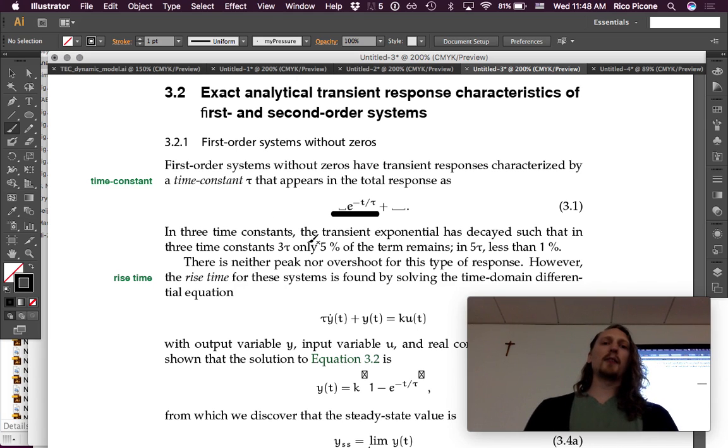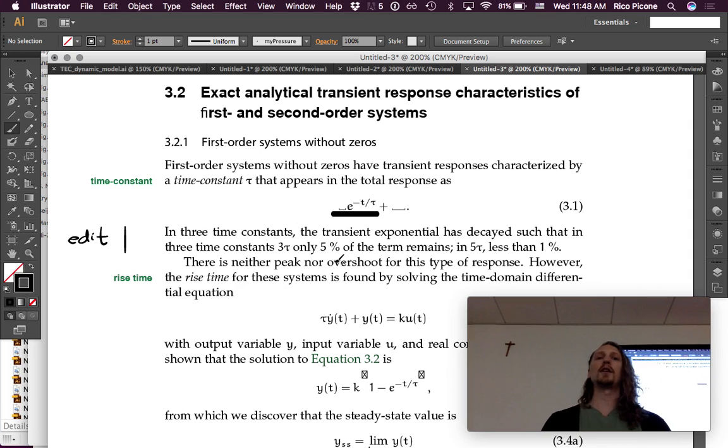In 3 time constants, the transient exponential has decayed such that only 5% of the term remains.